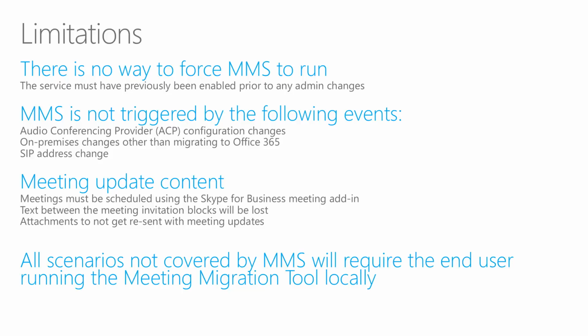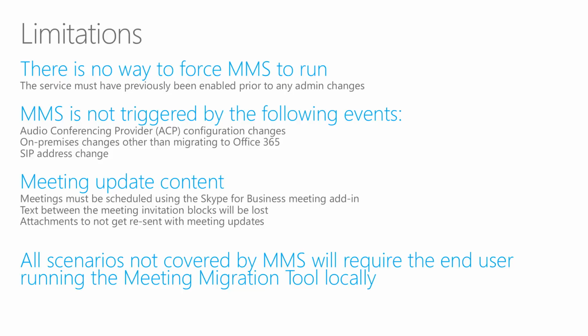If you happen to copy and paste what you had from a scheduled meeting and put it into a different calendar invite or a different email, the meeting migration service will not know that that information is there, and those will not get updates. So it's always best practice to make sure that when you schedule Skype for Business meetings, use the add-in for creating and sending the meeting, and you don't copy and paste that information out.